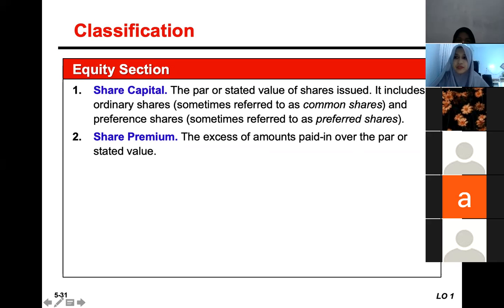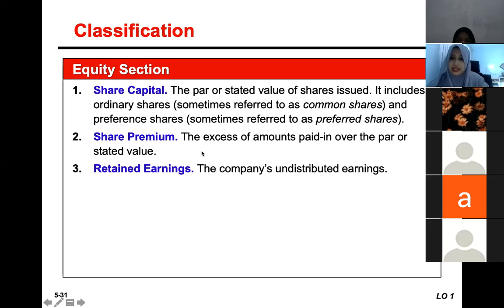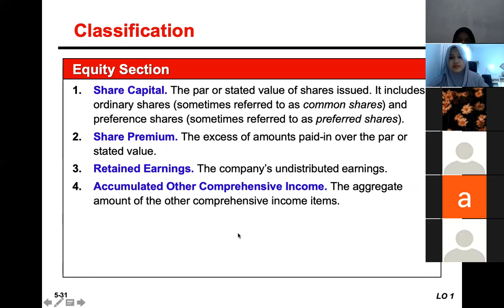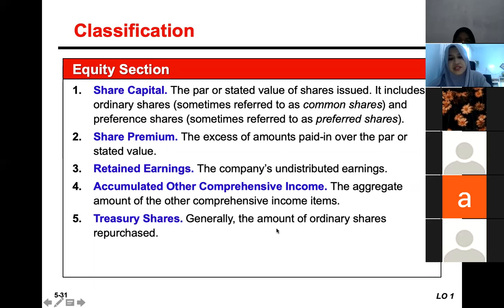For example, the par value of the shares is $1, but the shares were sold at $5, so $4 will be part of the share premium. $1 will be in the account of share capital. Retained earnings is the company's earnings that have not been distributed in the form of dividends. Accumulated other comprehensive income: remember, other comprehensive income comes from unrealized gain or loss on securities that are measured based on fair value.